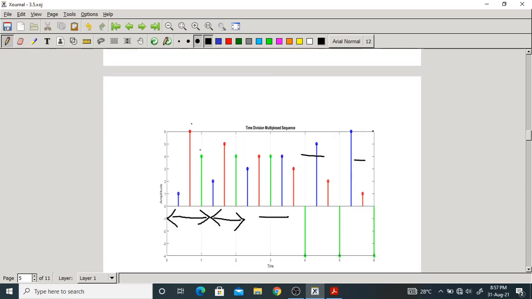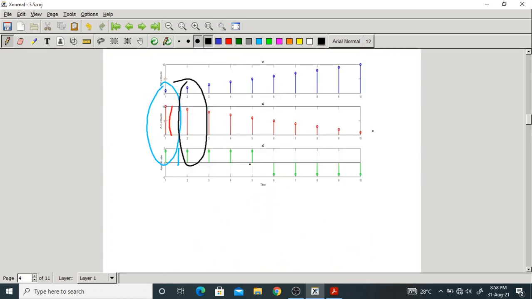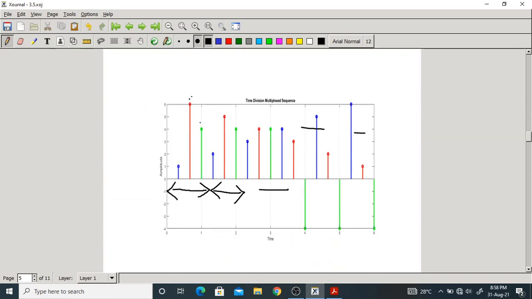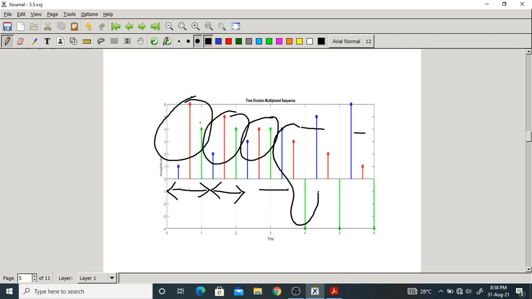So what is the job of the commutator? It will collect the samples alternately from each signal. By the time it completes one cycle, it will collect 3 samples belonging to 3 different signals. The next cycle it will collect these 3 samples, in the third cycle these 3 samples, in the fourth cycle these 3 samples, and so on.